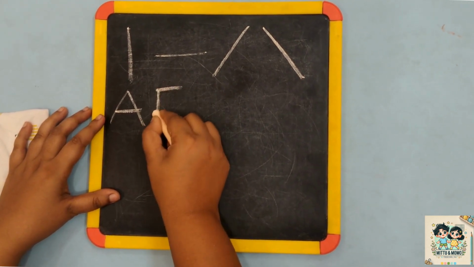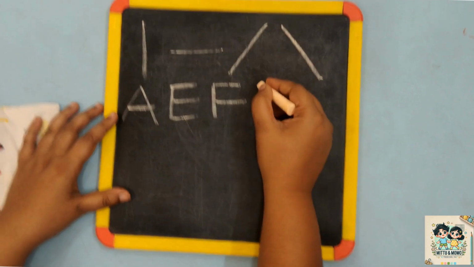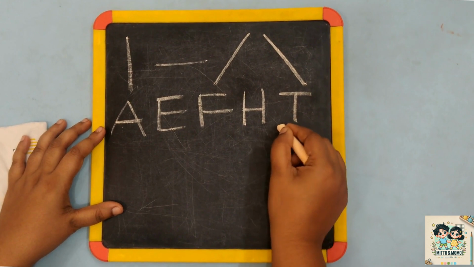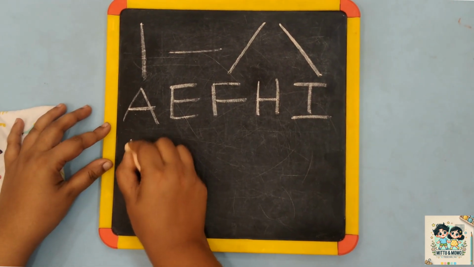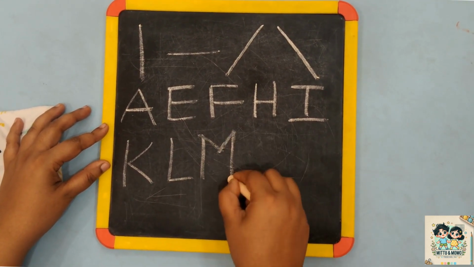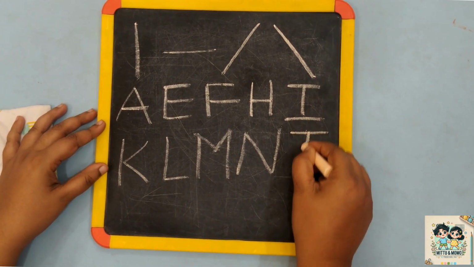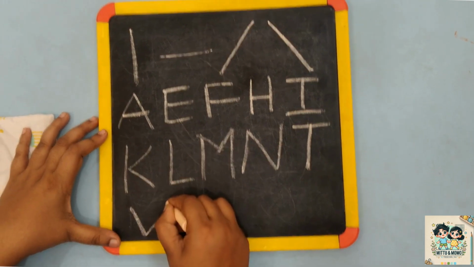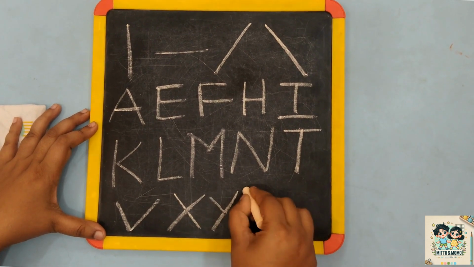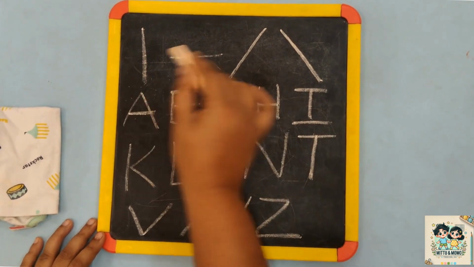A, E, F, H, I, K, L, M, N, P, V, X, Y, Z. So these are the letters we learned using these shapes.